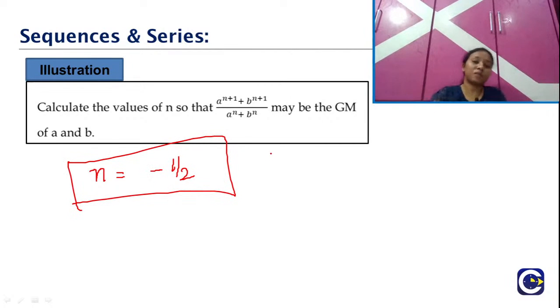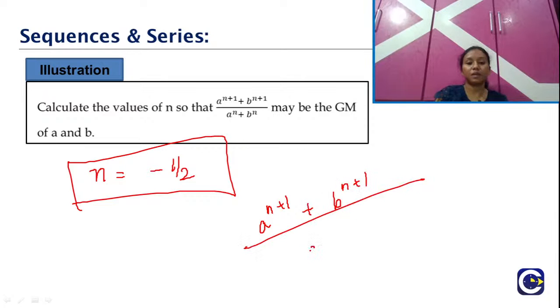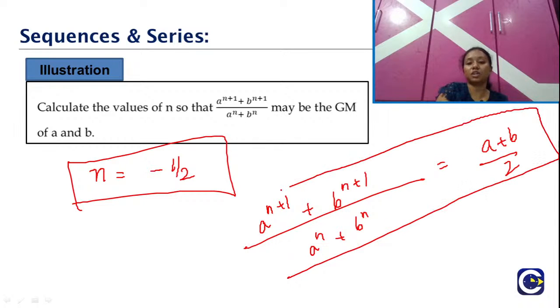You can check the same question for arithmetic mean also, where you can take a^(n+1) plus b^(n+1) divided by a^n plus b^n equal to (a+b)/2. So you can take this for geometric mean and also check this for arithmetic mean and have a try.